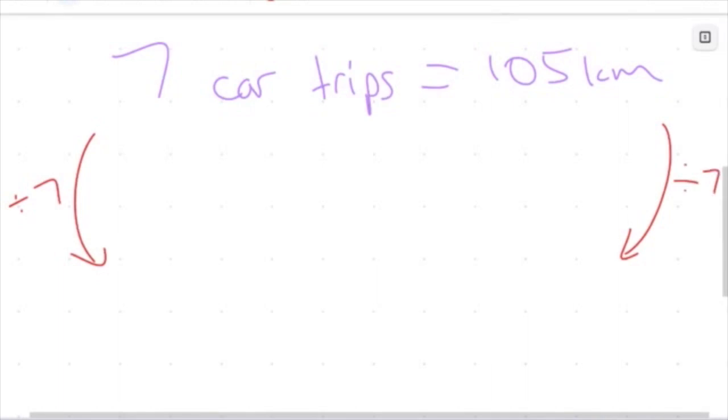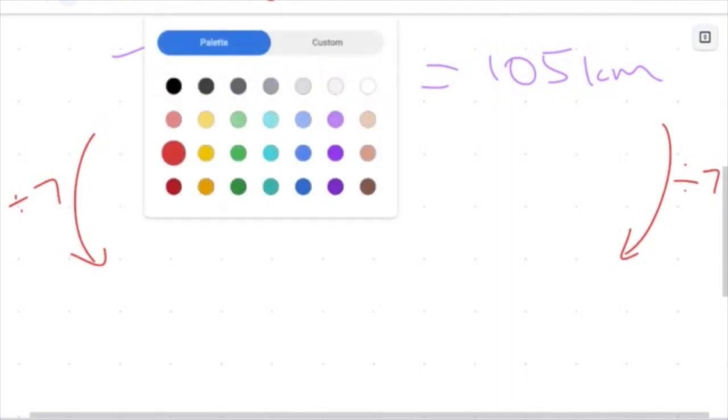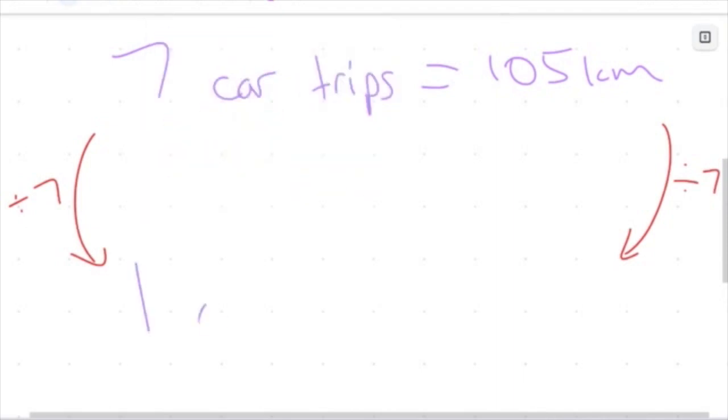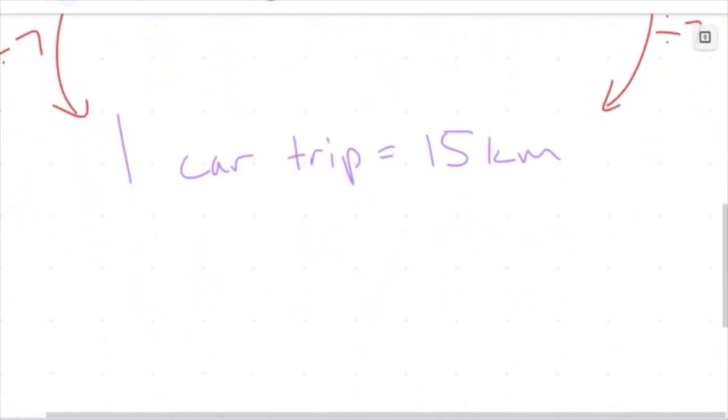So to find the distance of one car trip, I'm going to divide 105 by 7. And that tells me that one car trip is going to equal 15 kilometers.